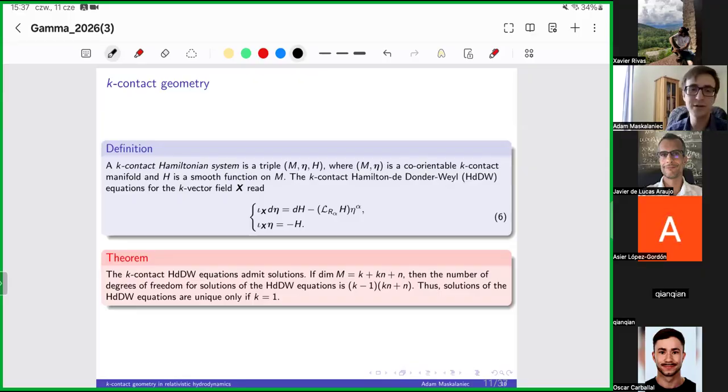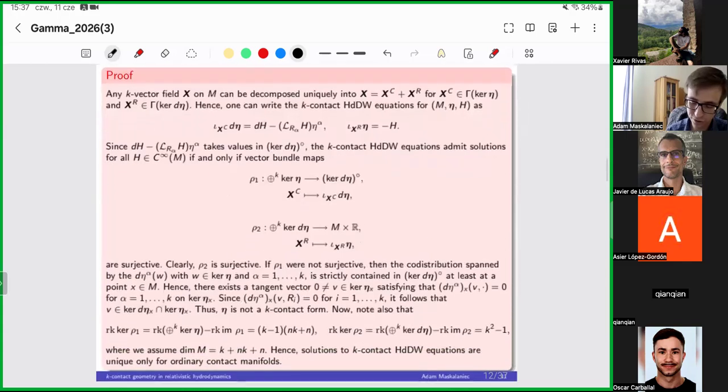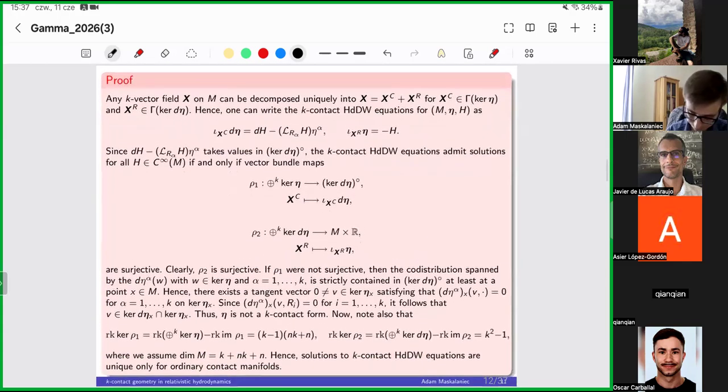And it was another reason we decided to apply this k-contact geometry to relativistic hydrodynamics. And I will briefly recall a proof of this fact. Although it's a standard result, the proof introduces us to two maps that will be necessary later.